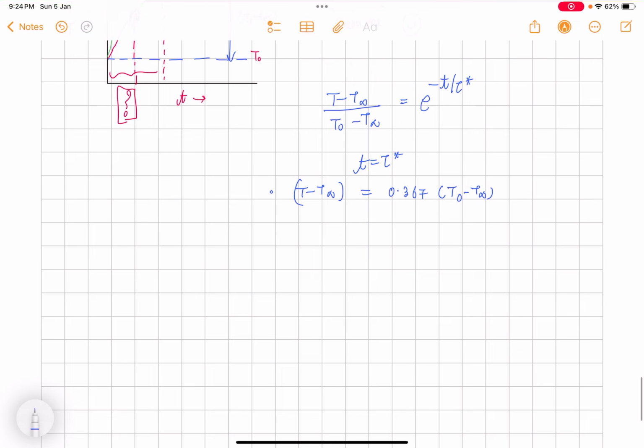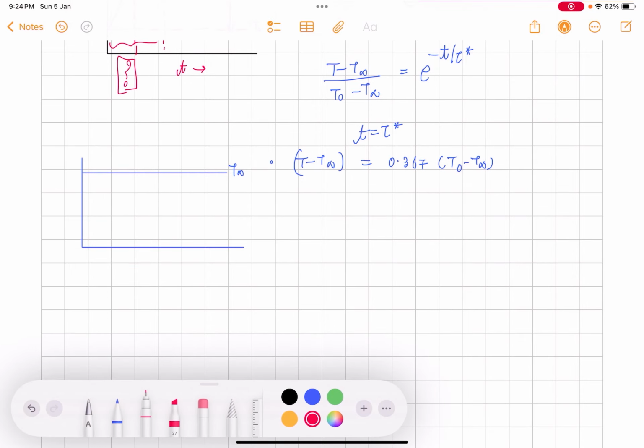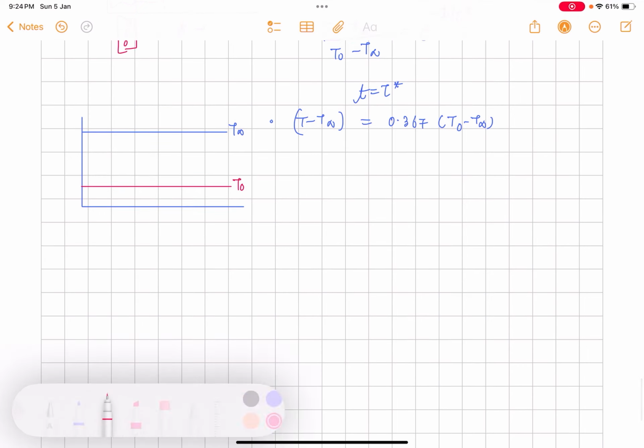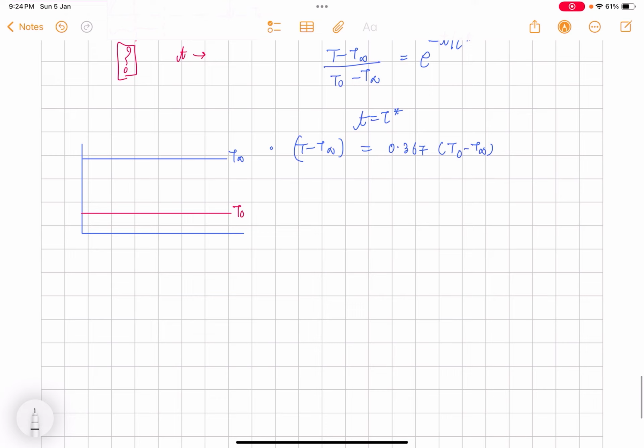Let me draw this the other way. This is T infinity, this is T naught, the initial temperature, and this is the thermocouple response.